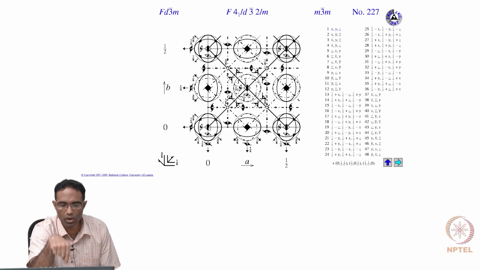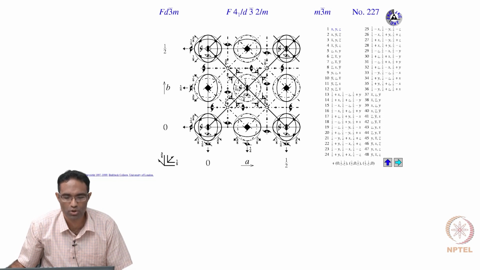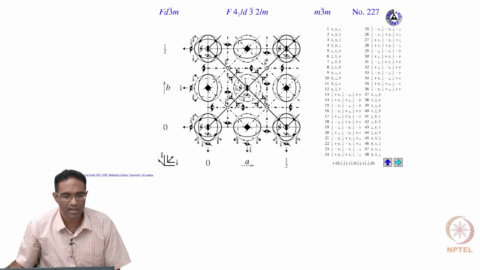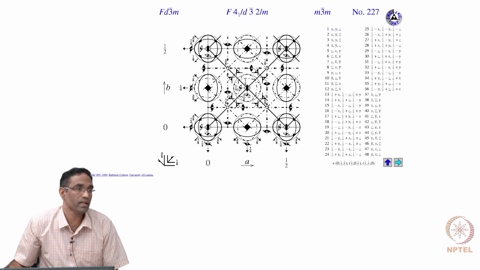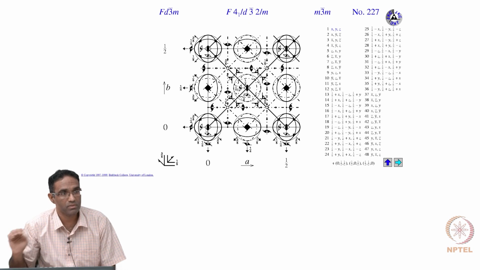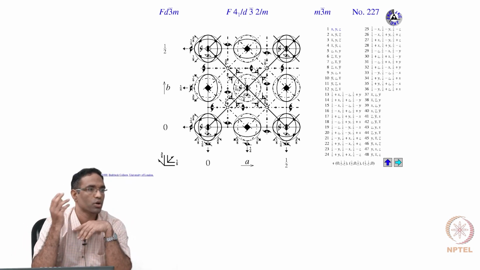So the origin is generally placed at the location of some symmetry element. So there are two different choices that are present here. One is at the location of 3̄m, and one other location is at 3̄, the origin for this. So one is called origin choice 1 and the other one is called origin choice 2.